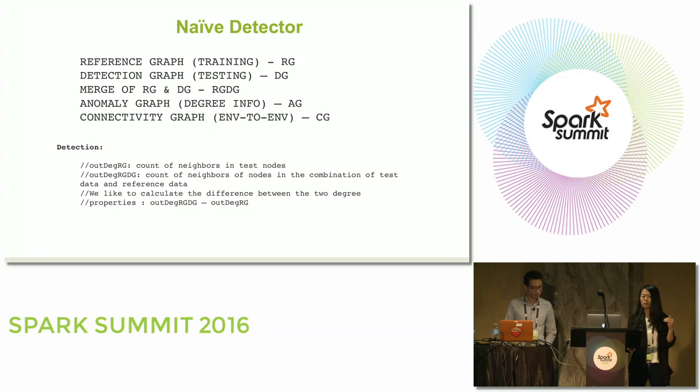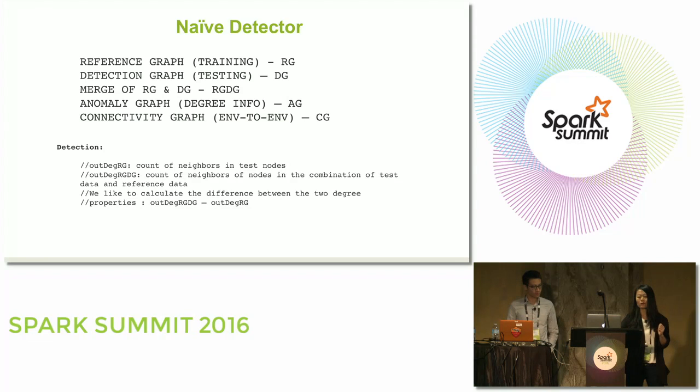And there's the detection graph, which encodes all the untrusted connections, which we need to send to our algorithm to screen for security threats. And the anomaly graph and connectivity graph are two derived graphs based on the reference and detection graph, and I'll talk about them in a little bit.